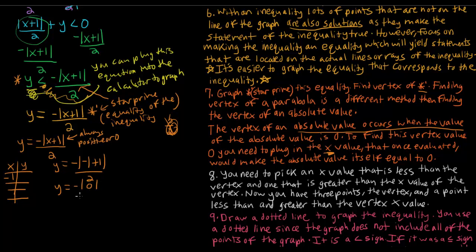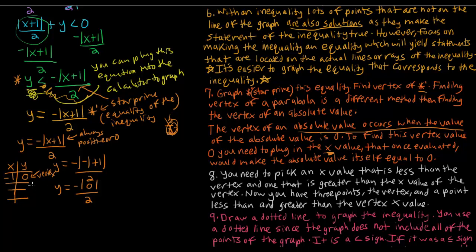So once you evaluate this, y equals 0, so you plug that in on a little chart, and right here, negative 1, 0, we have the vertex. We have the vertex for our equality.